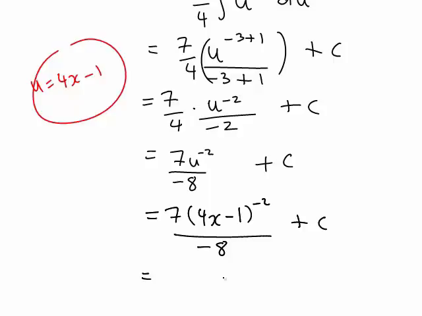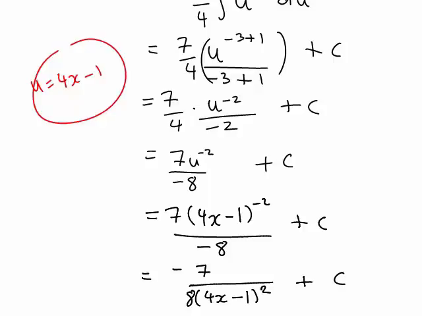And finally, that negative could just come outside this expression, so negative 7. And then (4x minus 1) to the negative 2, that's the same as dividing by (4x minus 1) squared, and there is also still 8 on the denominator. So this will be our final answer. Negative 7 divided by 8 times (4x minus 1) squared plus c.